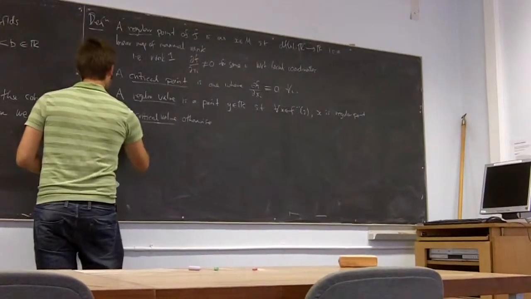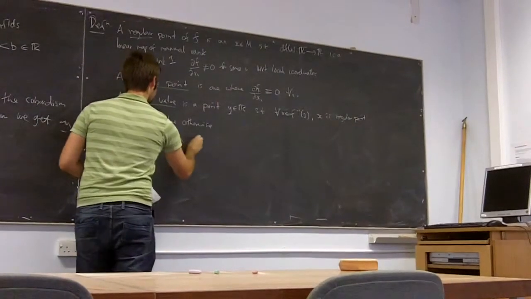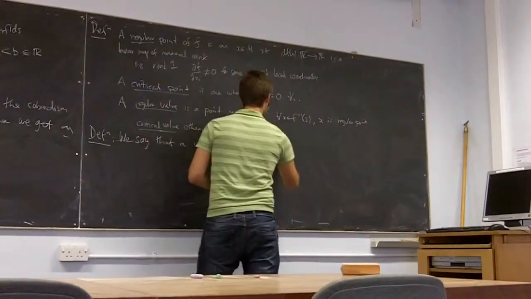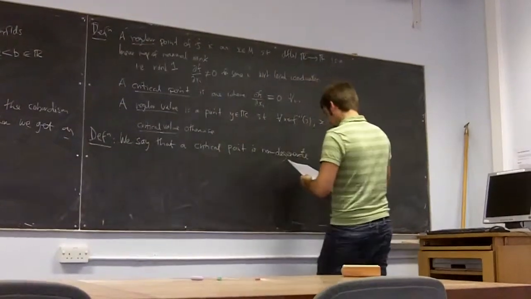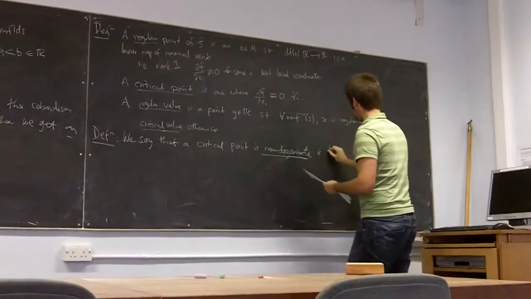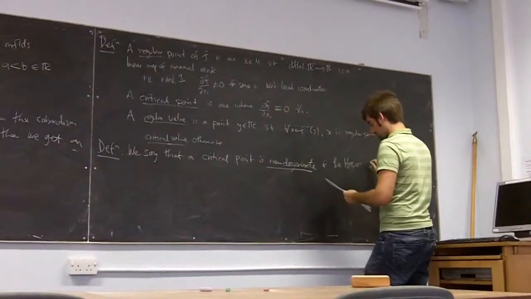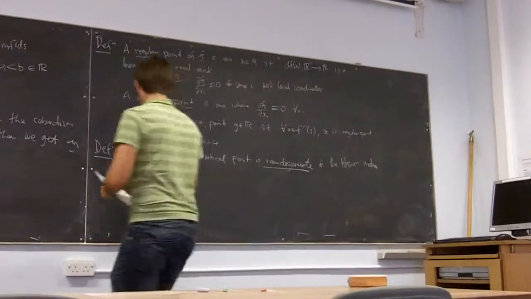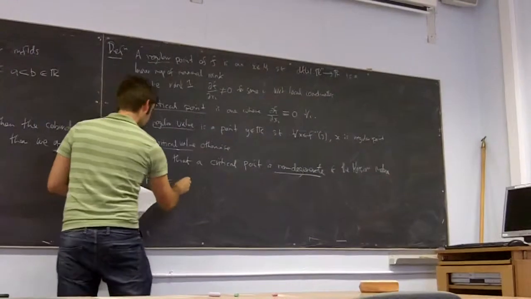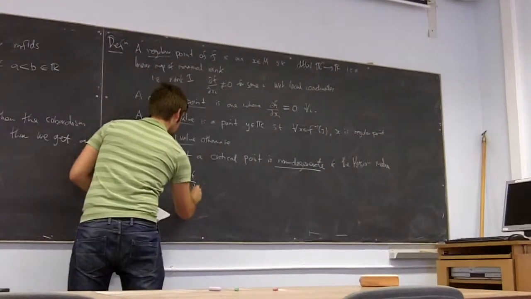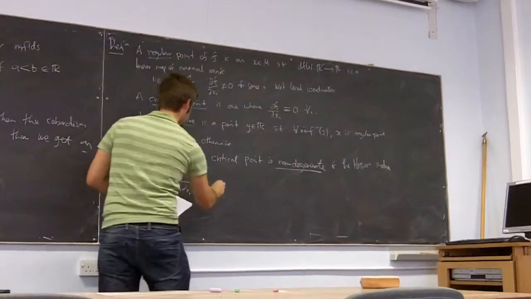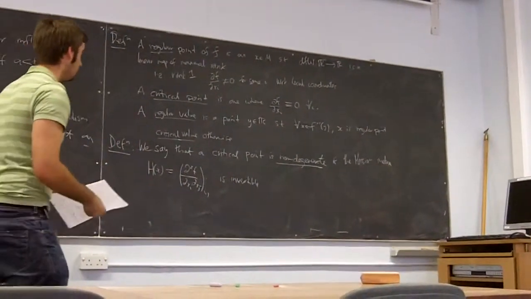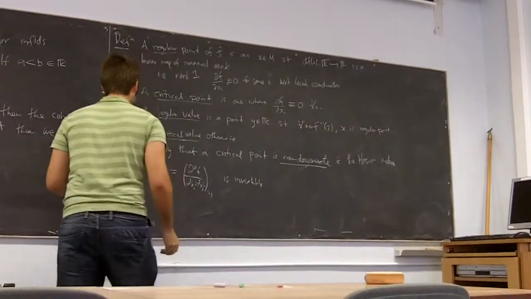So we say that a critical point is non-degenerate if the Hessian matrix, again, we've taken local coordinates x_i, is invertible.